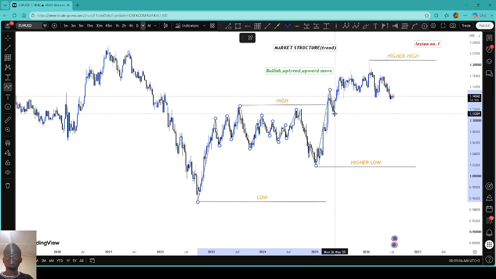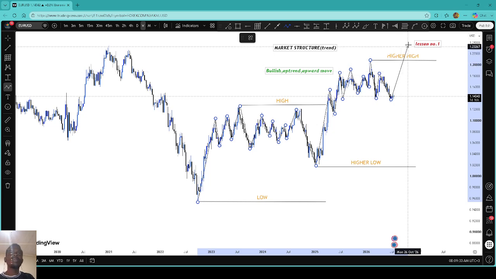Then it comes up again, starts creating another story. These ones are all stories. Comes up. So we'll still have another story as we do something called a retracement.